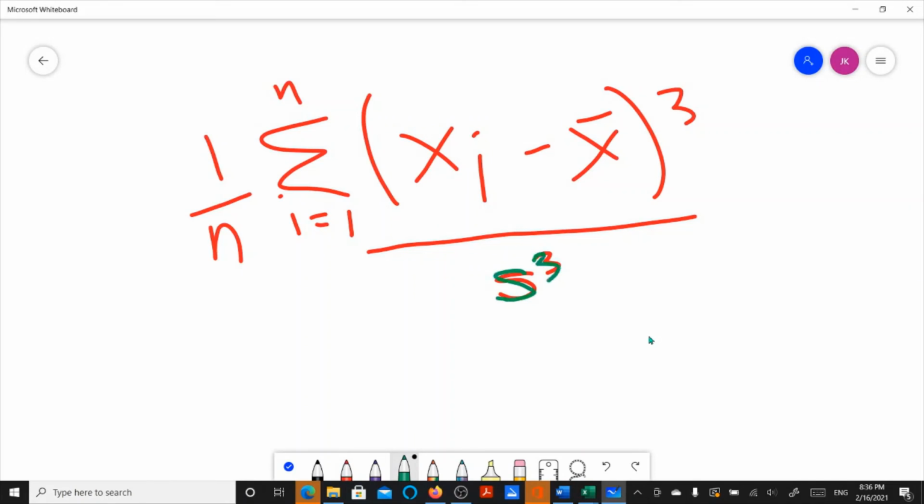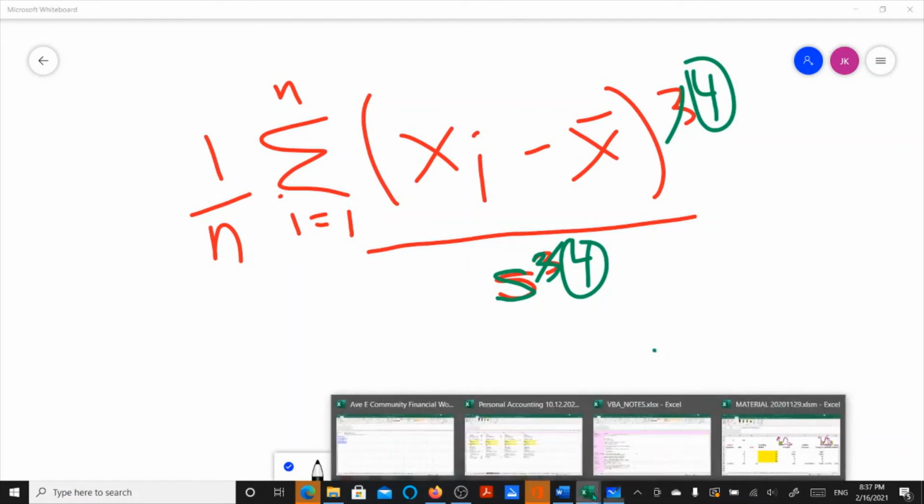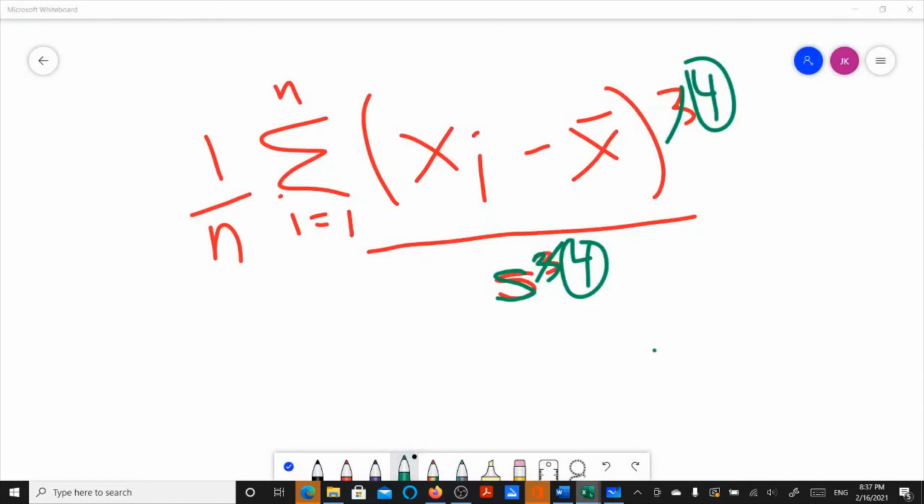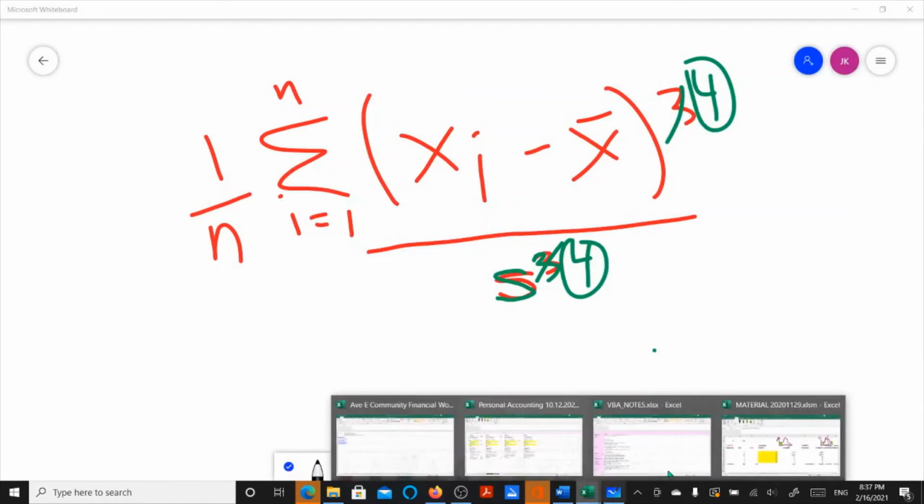That's for skewness. If we are dealing with leptokurtic or kurtosis, it will be this, but to the power of 4. Okay? And let me try and explain that we're looking at an axis, kurtosis, axis kurtosis.